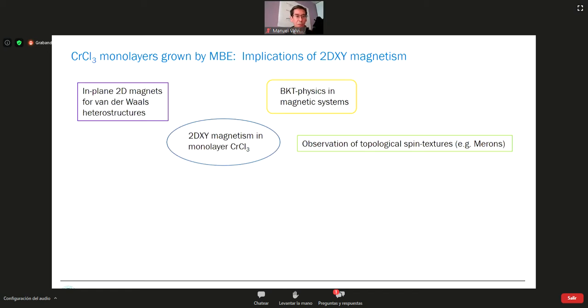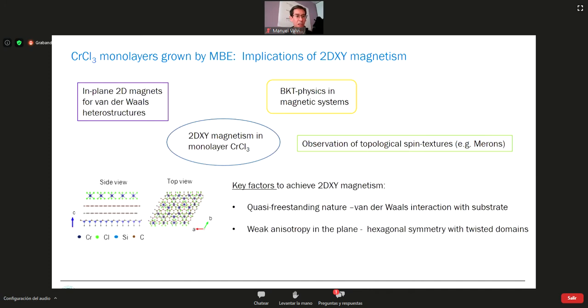Have you done or have you planned to do some photoemission experiments to assess this charge transfer, for example? Yes, we have tried to do angle-resolved photoemission of chromium chloride. The problem is that we can map the graphene side, but due to the flat bands and the insulating character of monolayer chromium chloride, we cannot have very good resolution of the band gaps.